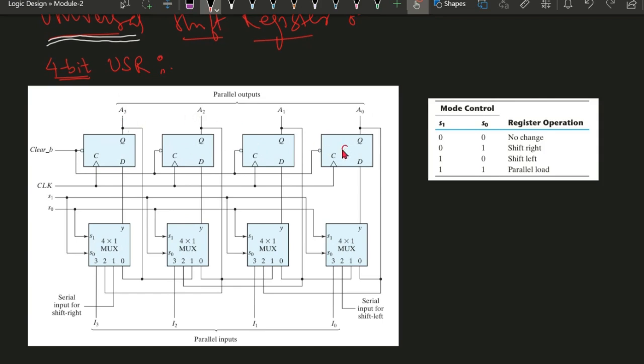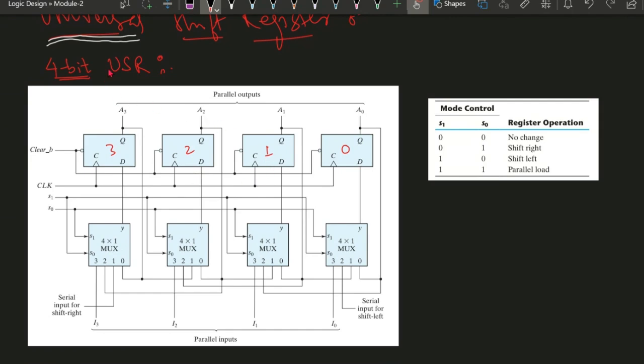So we can name it like this is 0, this is 1, this is 2, and this is 3. This is how we do the numbering of the flip-flops, based on the output Q that is given. Q is being named here as A0, A1, A2, A3. One by one, we will look at how it has been categorized into 4 different types of shift registers in a single case.